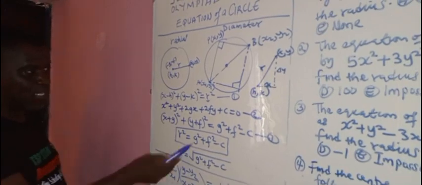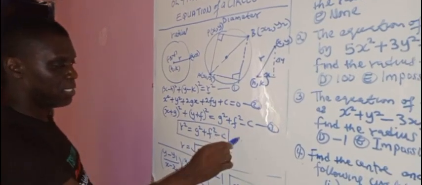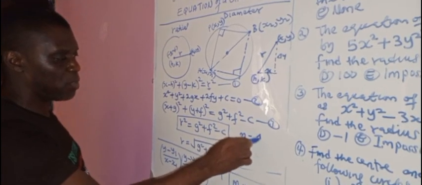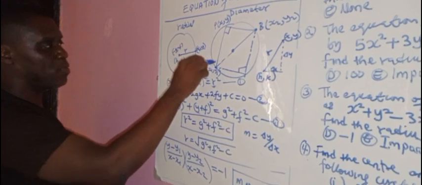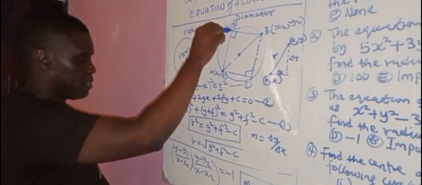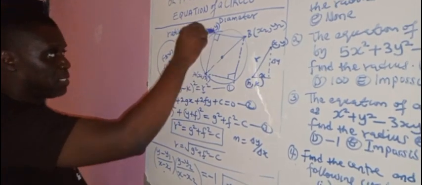So what about gradient? I just told you the other time. Gradient m is change in y over change in what? X. So you find the gradient between this point and this, which is this, and between this point and this, which is this.